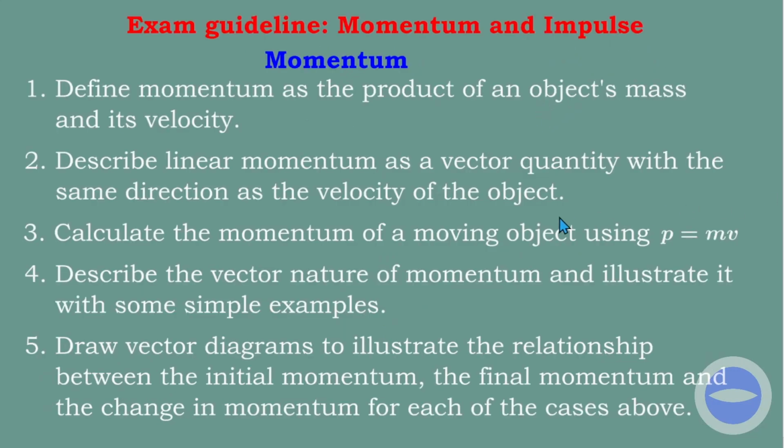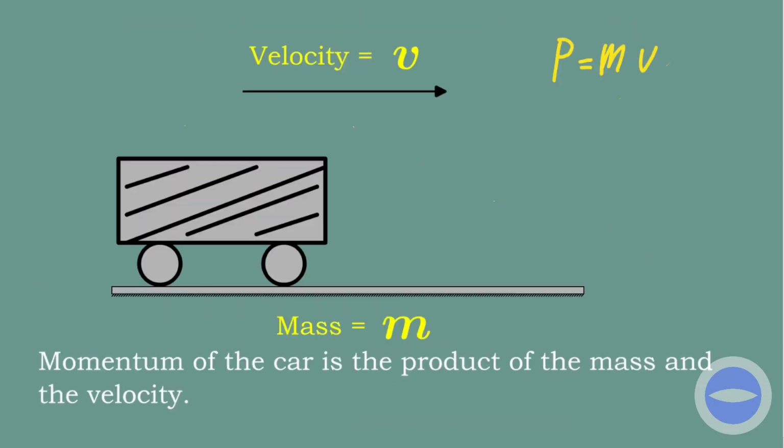And then number 3, you must be able to calculate the momentum of a moving object using P equals mass times velocity. This is the formula for momentum. P is equal to mass times V. You must be able to calculate momentum. Let me give you an example here. Let's say this trolley is traveling to our right hand side.